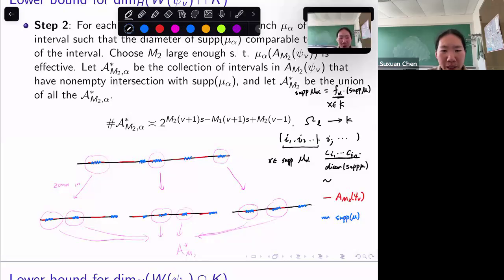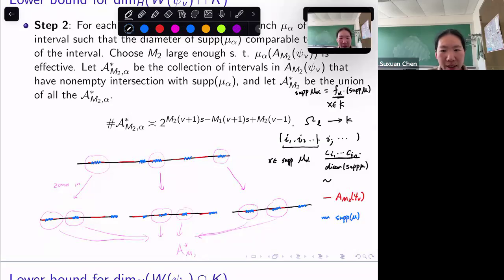So we can zoom in on this part a bit. This is an interval in A_M1 star, and the red line is A_M1 star, and the blue curly line is the concentration of the compass at K. If we zoom in a bit, we will see a pattern like this.